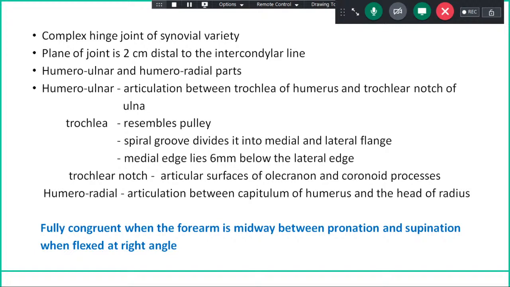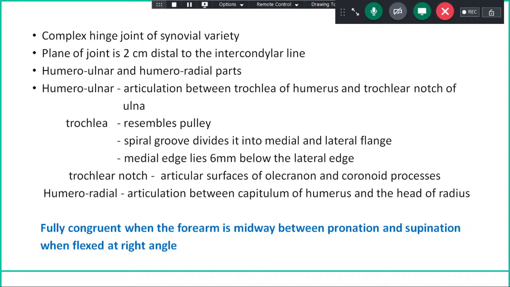Now you have already seen the bones forming the articular surfaces, and you have seen that the joint has two parts, the humero-ulnar part and the humero-radial part. The humero-ulnar, as the name suggests, is the articulation between the trochlea of the humerus and the trochlear notch of the ulna.